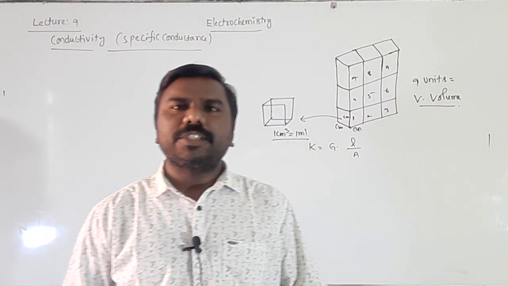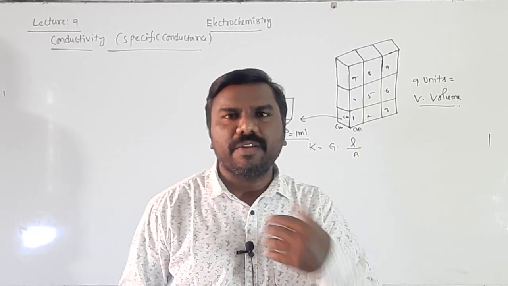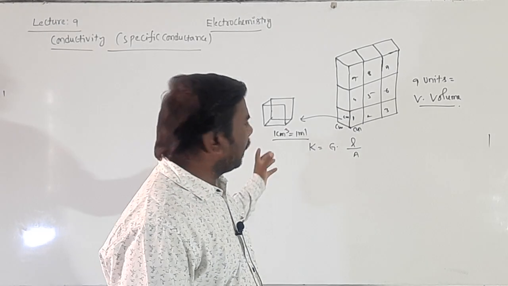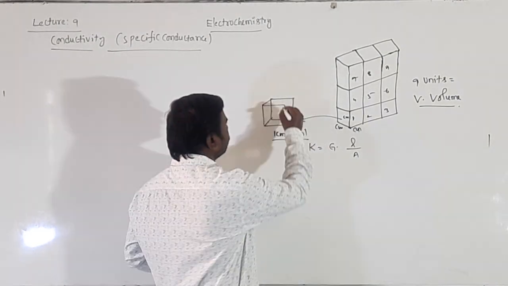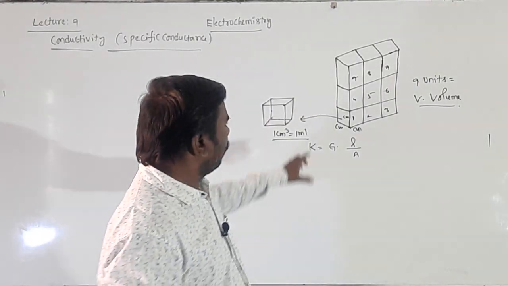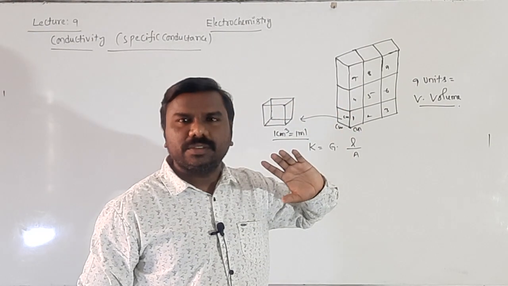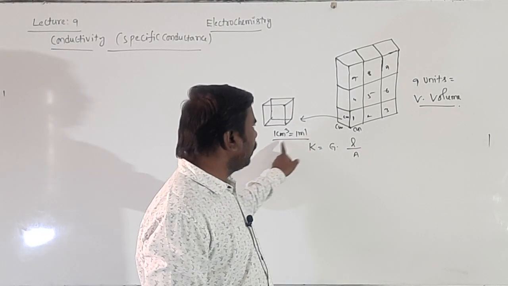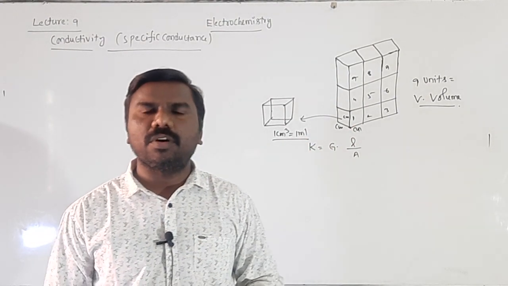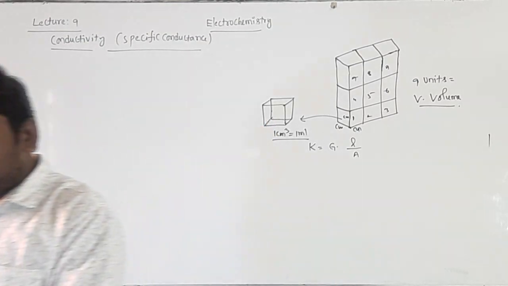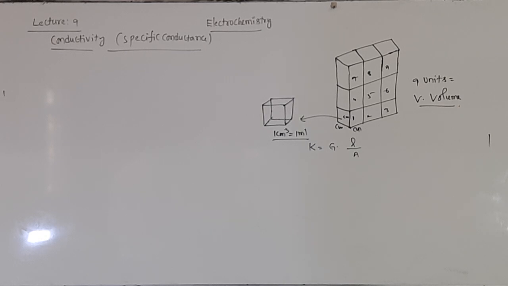So the definition for specific conductance in a different way is the conductance of ions produced in 1 unit of a solution, or 1 centimeter cube of a solution, called specific conductance. Very, very important.